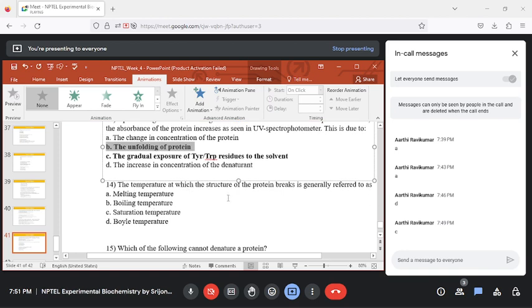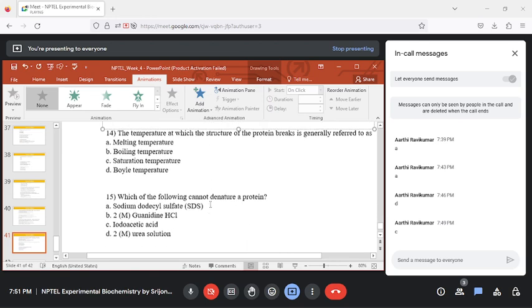The temperature at which the structure of protein breaks is generally referred to as melting temperature, boiling temperature, saturation temperature, or Boyle's temperature. This is an easy one. Which is right?